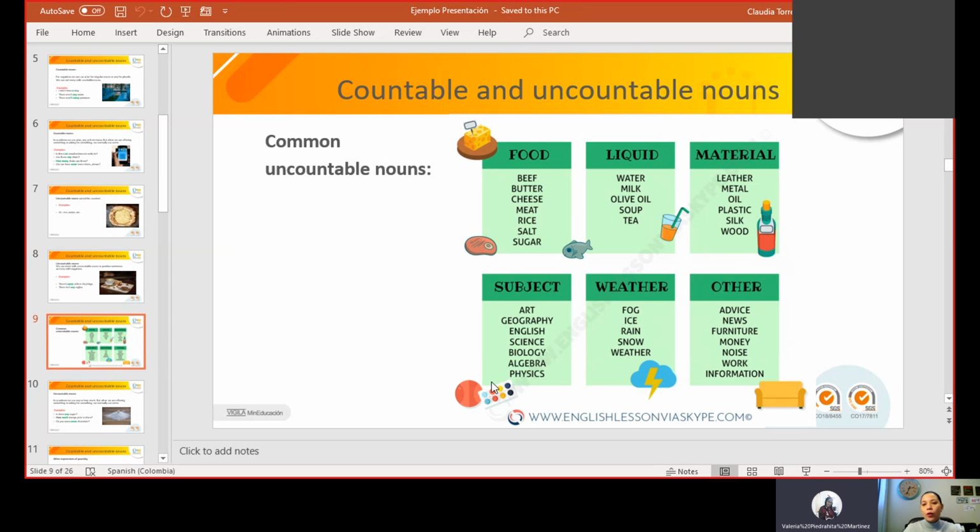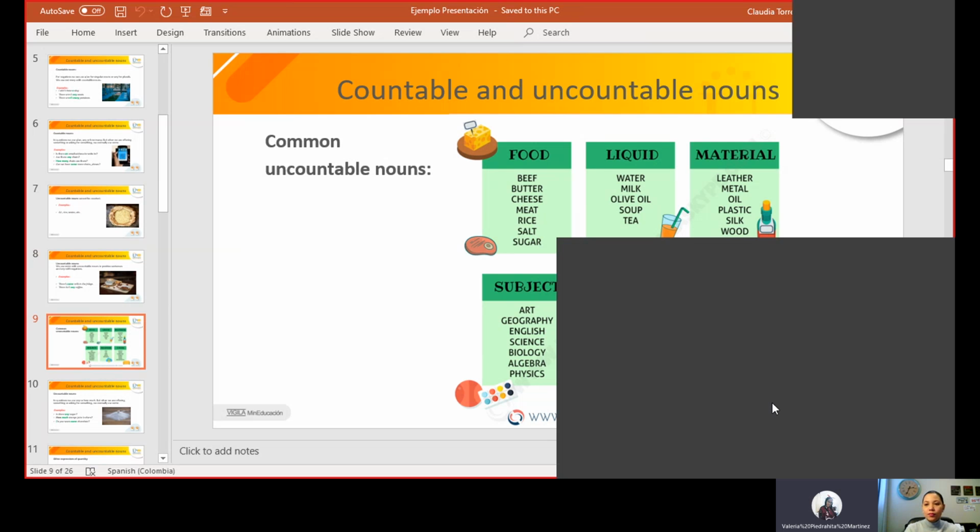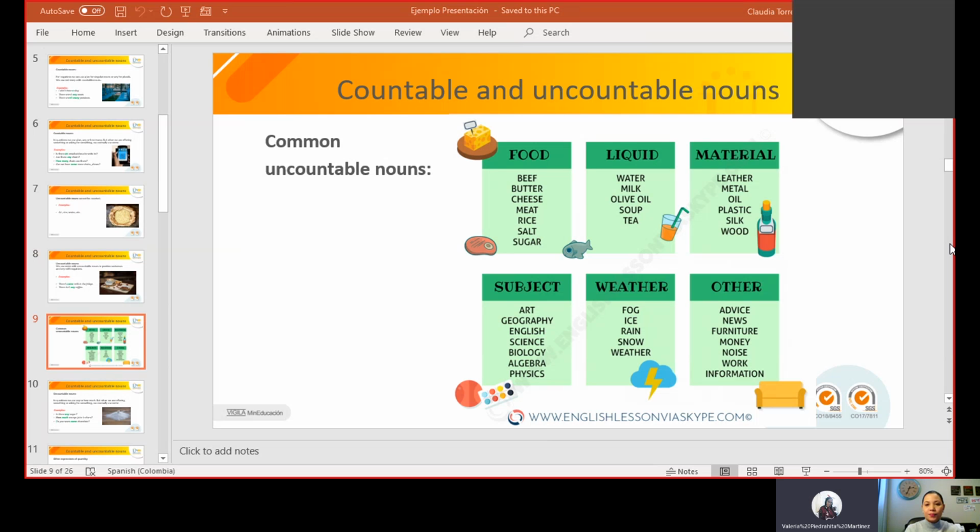Okay, so now here we have more examples of uncountable nouns. For example, with food, you can talk about beef. You cannot say one beef or two beefs. No, beef. Butter, cheese. Okay, so let's repeat.